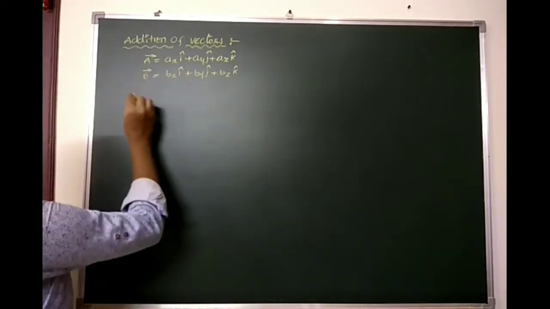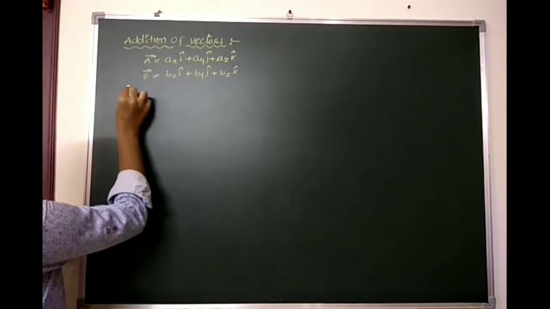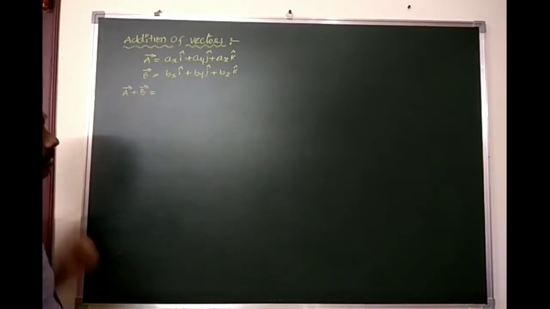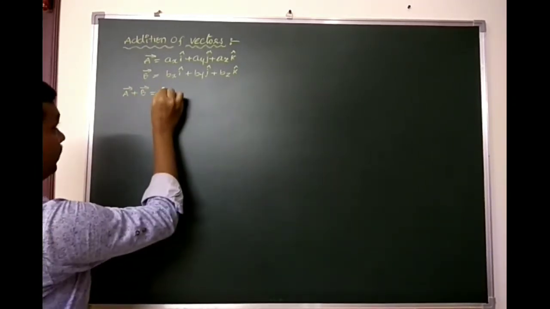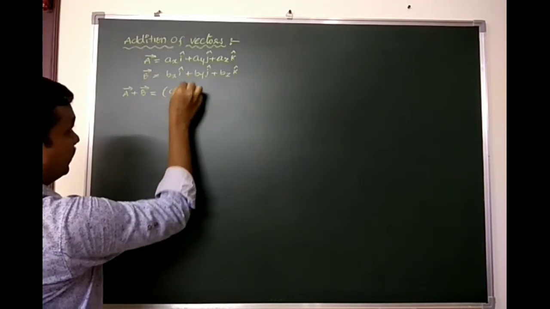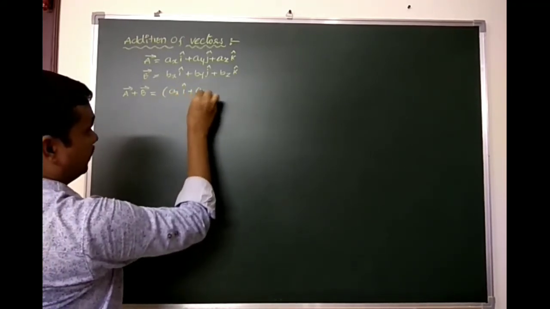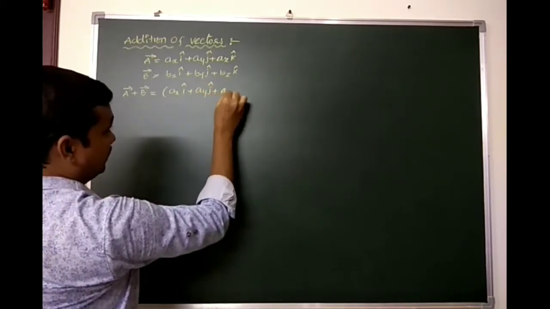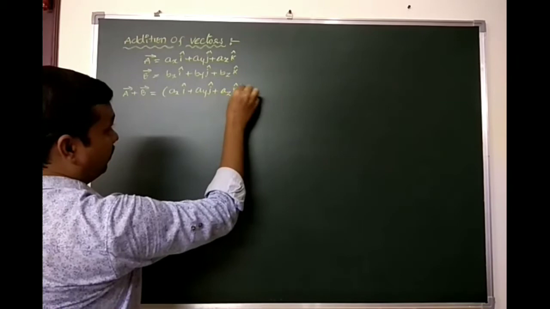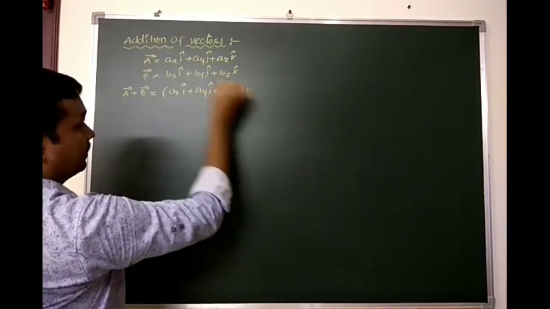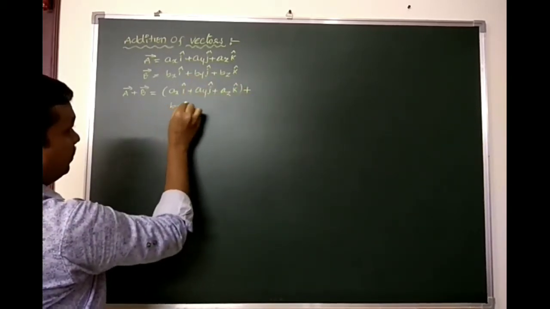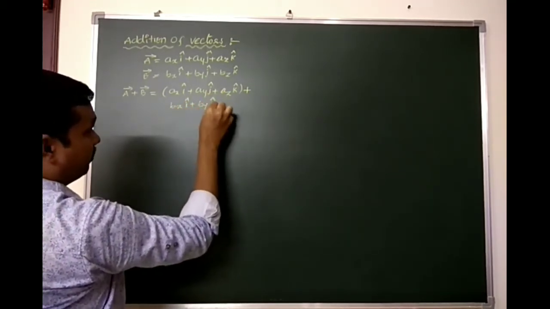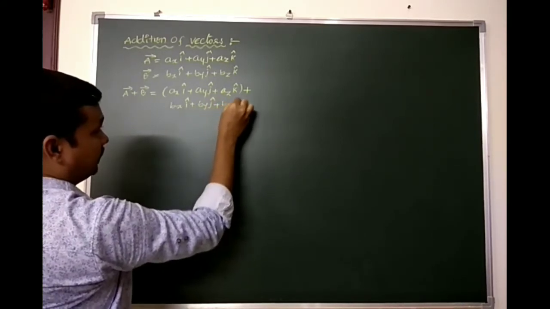Okay. Right now, how can we do addition? Addition of vectors a bar plus b bar. A bar plus b bar is equal to ax i cap plus ay j cap plus az k cap plus b vector bx i cap plus by j cap plus bz k cap.